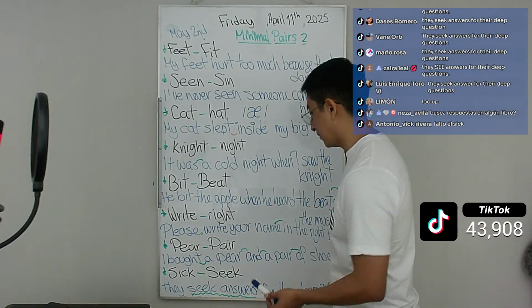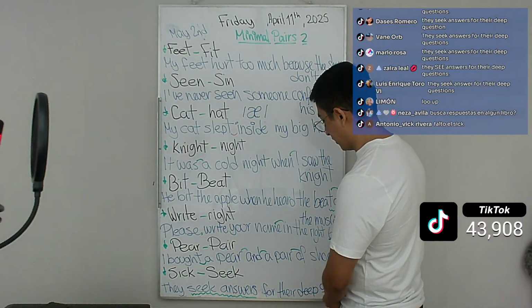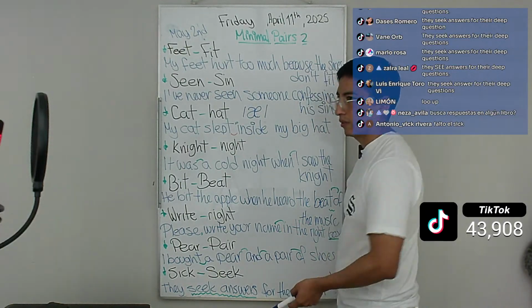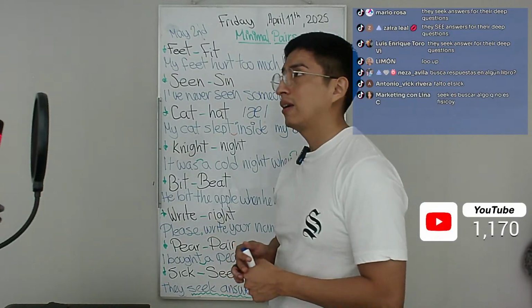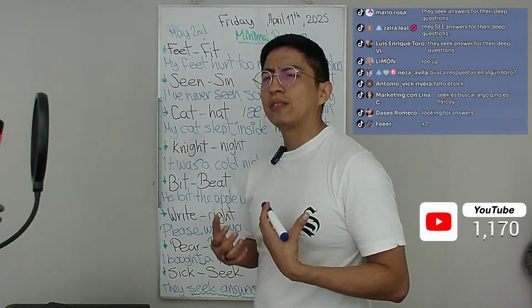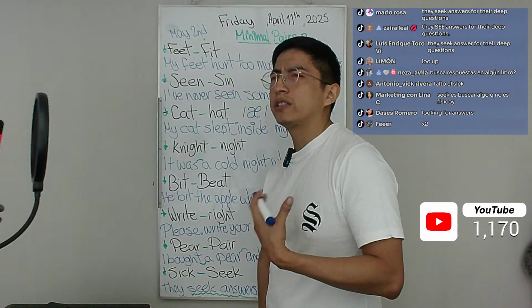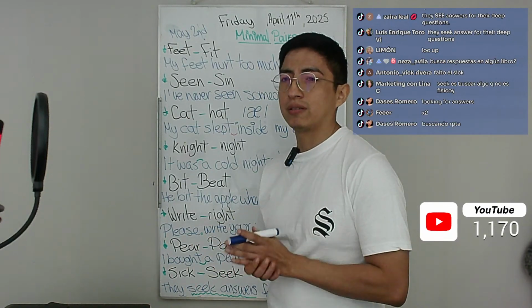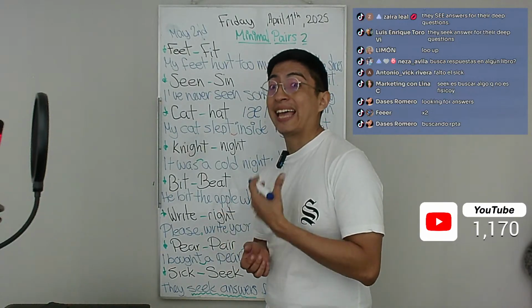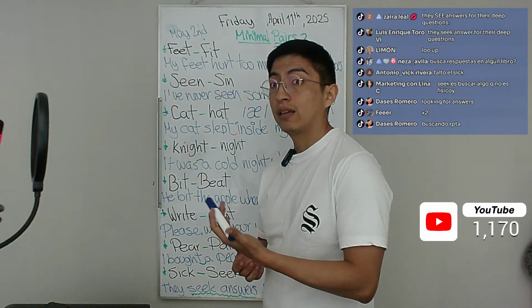In this case, for their deep questions, maybe what's the origin of life? We can say I want to know what the origin of life is. Yes, I'm very curious about it. So I'm looking for an answer. I seek an answer.